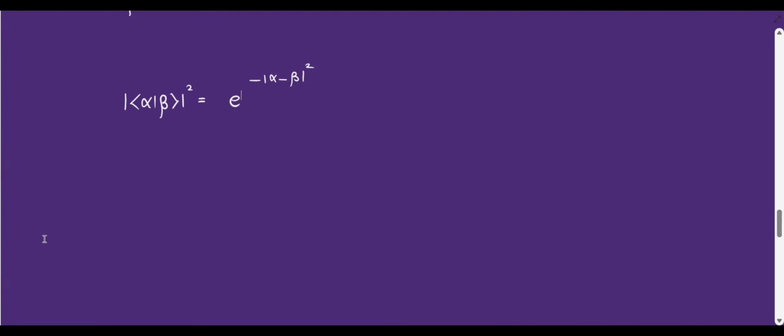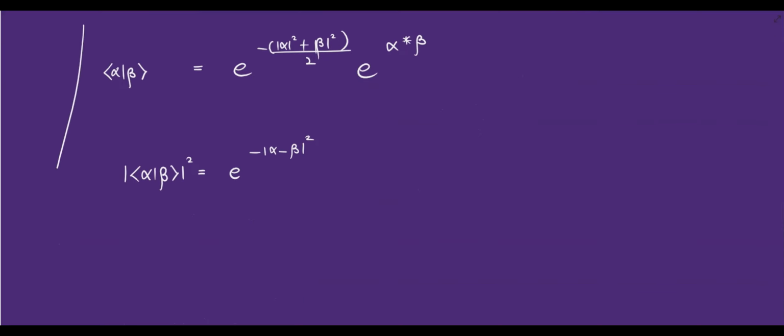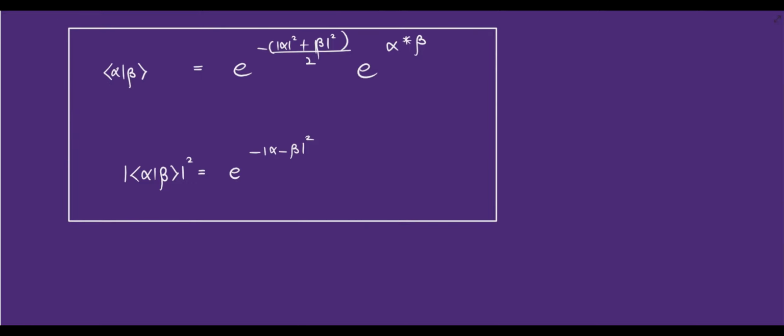And if I take a mod square of this, which is the probability of finding beta, provided that we are doing a measurement in the alpha basis, then this is equal to e raised to minus mod of alpha minus beta square. You can just take a mod square of this and it will turn out to be this. So these two are important formulae for coherent state inner products.